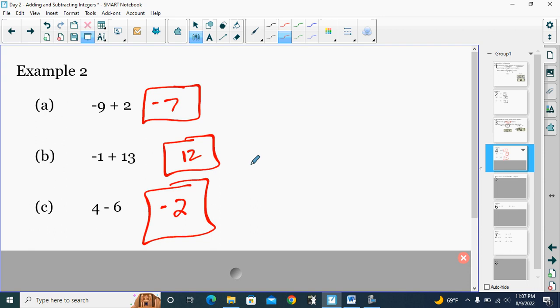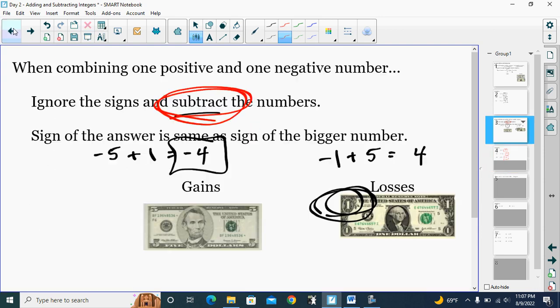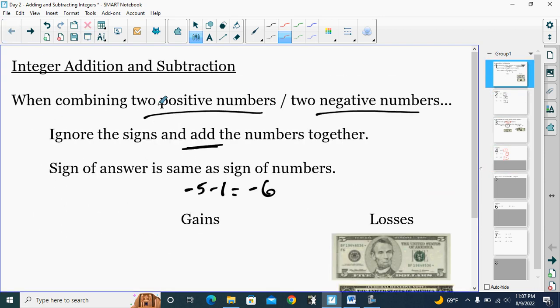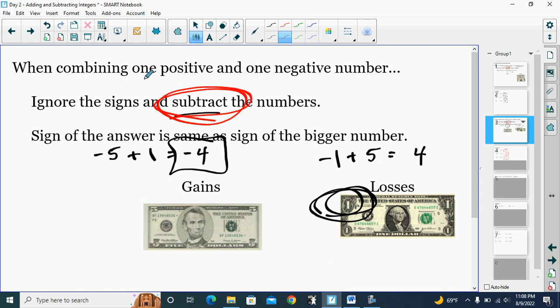So, quick summary of what we've covered thus far. If I combine two positives or two negatives, I want to add, and then the sign of the answer is the same as the sign of the numbers that were given. If I have one positive number and one negative number, we no longer add, but we subtract.